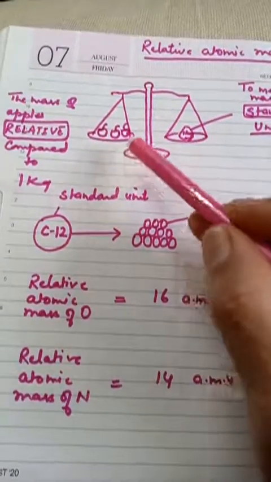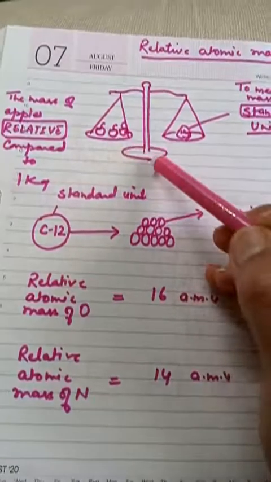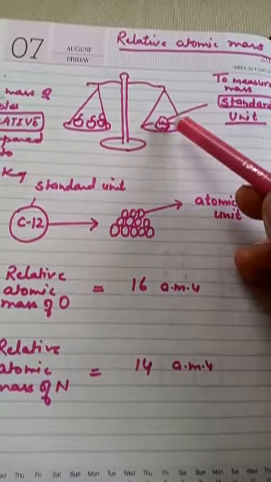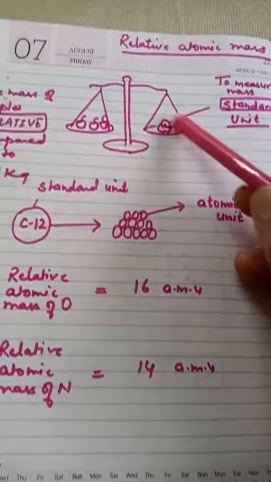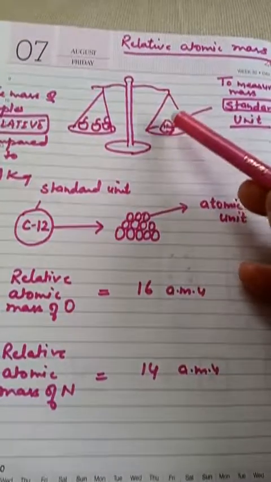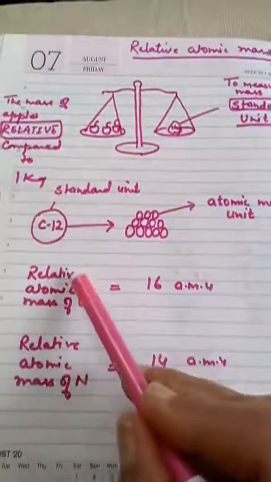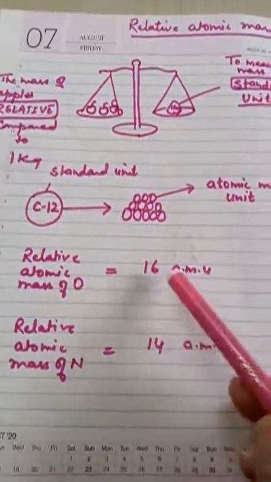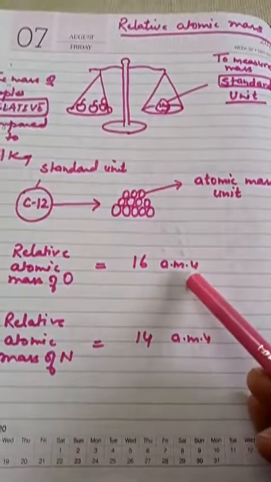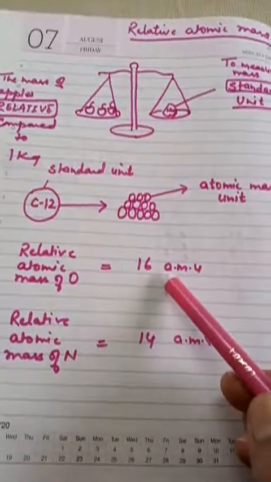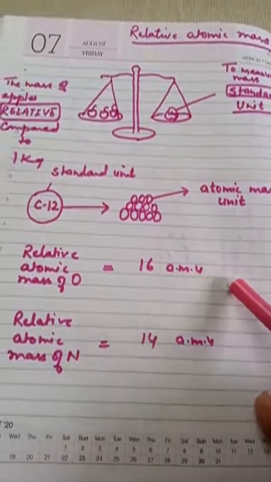It means the relative atomic mass of oxygen is 16 units, because you have to put 16 units here to maintain equilibrium. So the relative atomic mass of oxygen is 16 atomic mass units. We indicate it by AMU, 16 AMU.